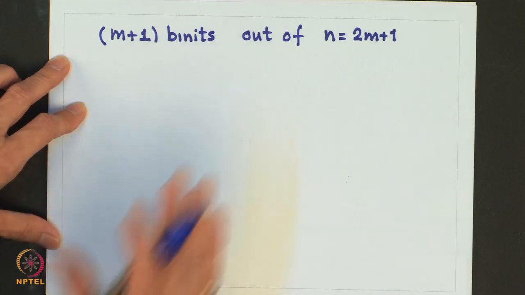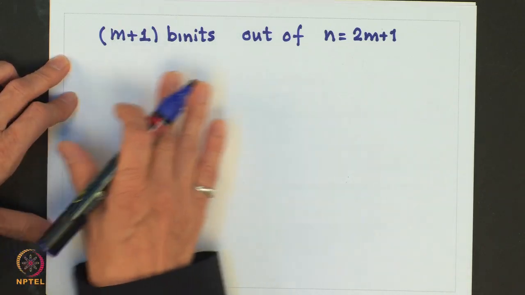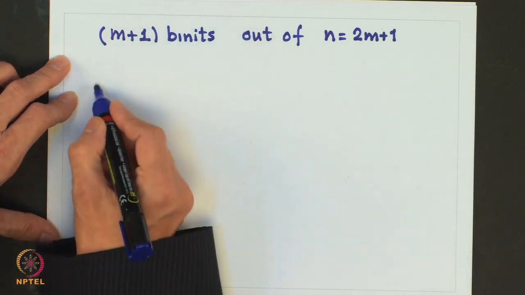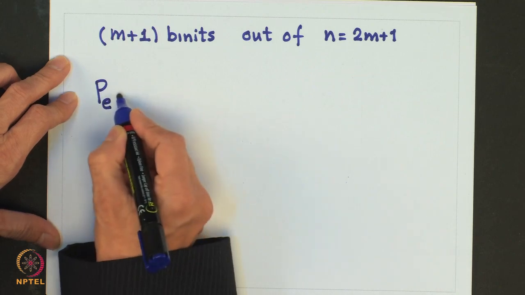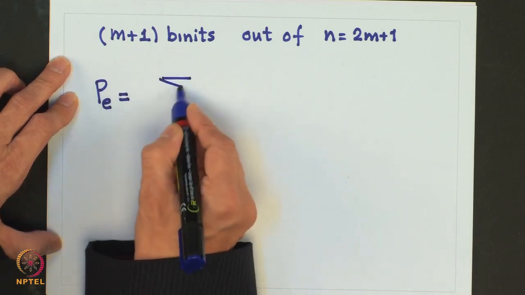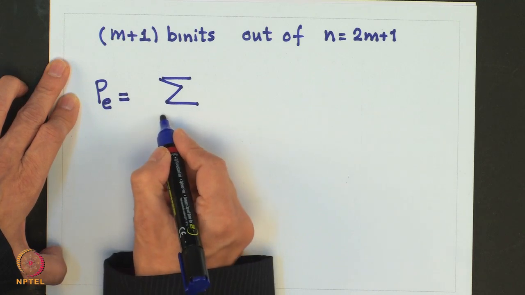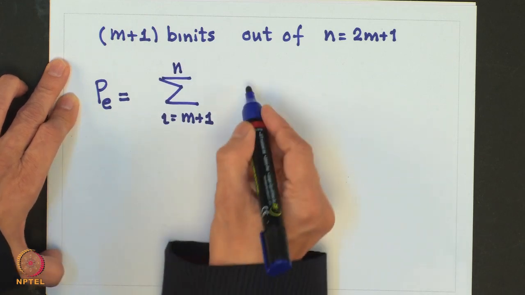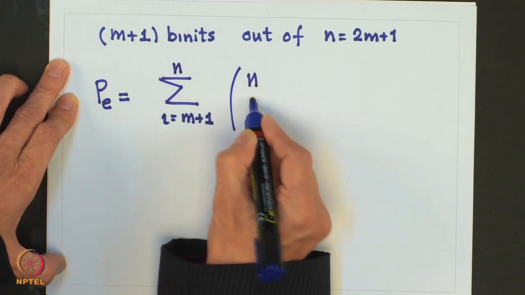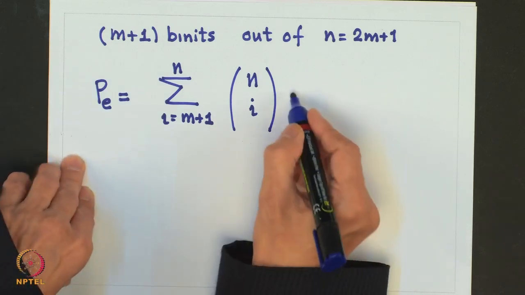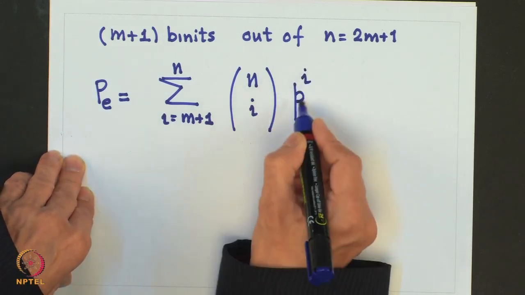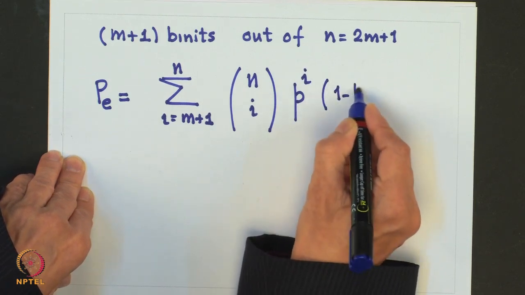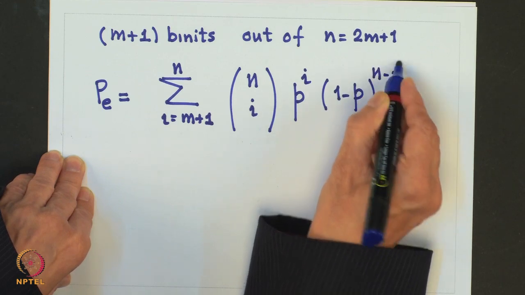Because the channel is symmetric, irrespective of the a priori probabilities of binary digits 0 and 1, it is easy to see that the probability of error will be equal to the summation over i from m plus 1 up to n of nCi, these are combinations, p to the power i, where p is the transition probability of the binary symmetric channel, times (1 minus p) to the power n minus i.